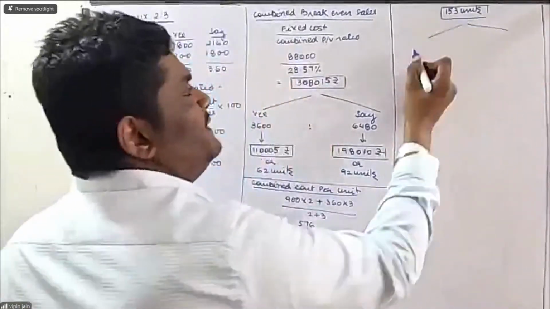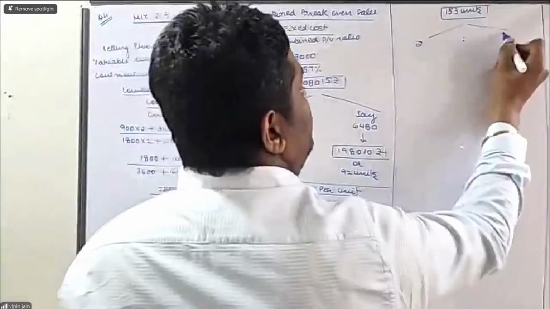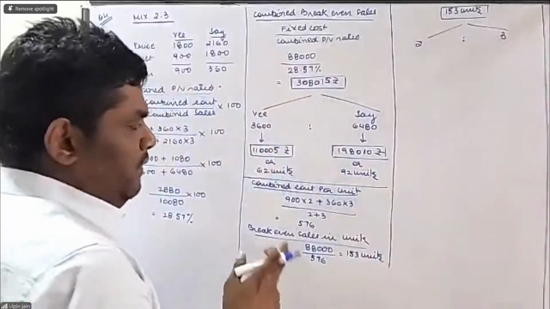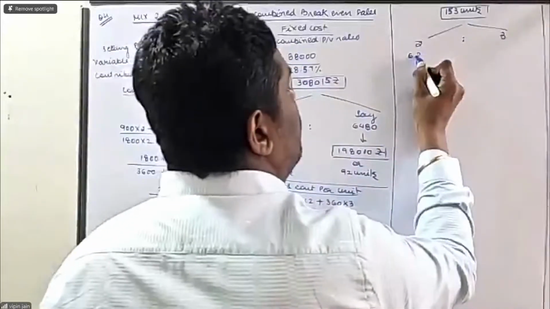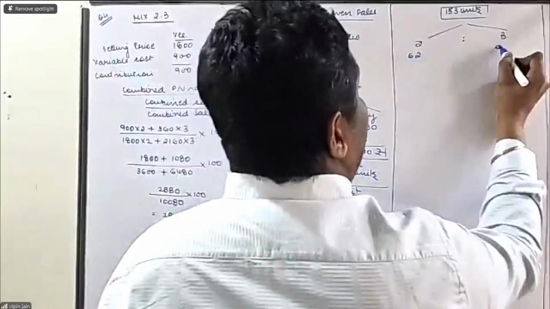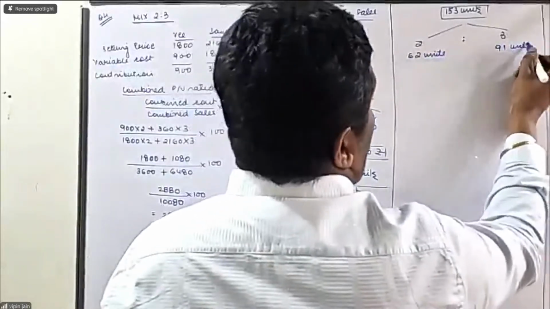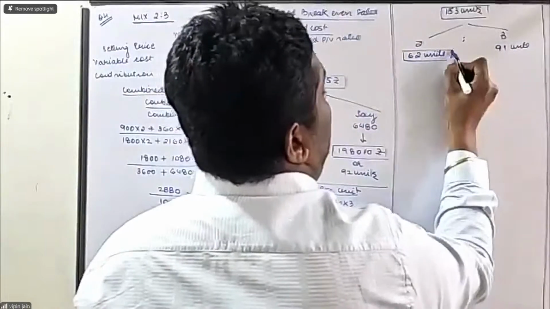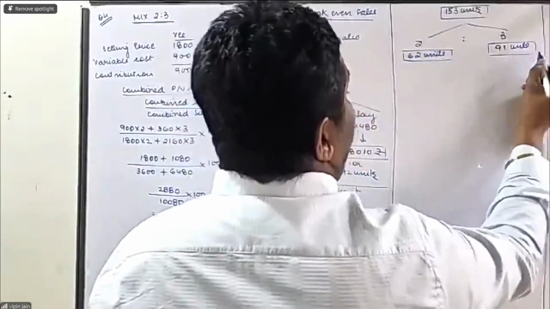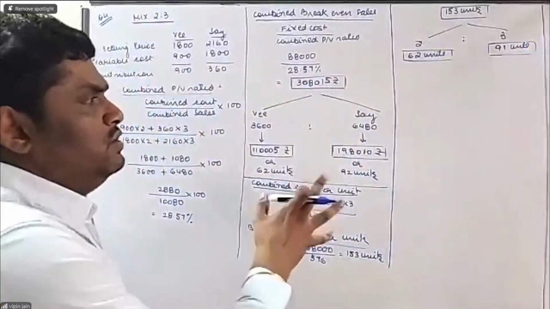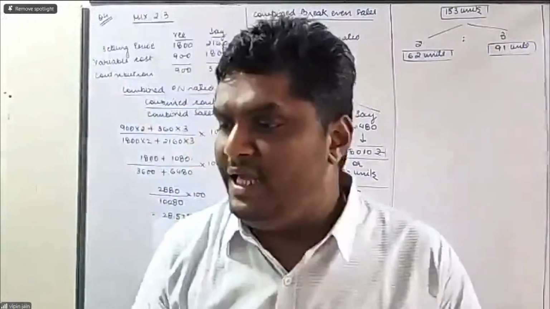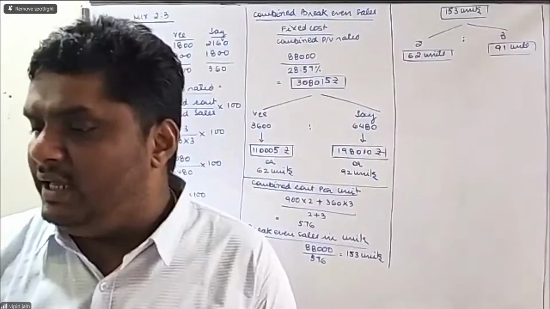See, these are the units, so we will distribute it in the ratio of units only. So it will be 62 and this will be 91. The difference is of rounding off only. So this is the way we have to calculate break-even sales in rupees and in units.